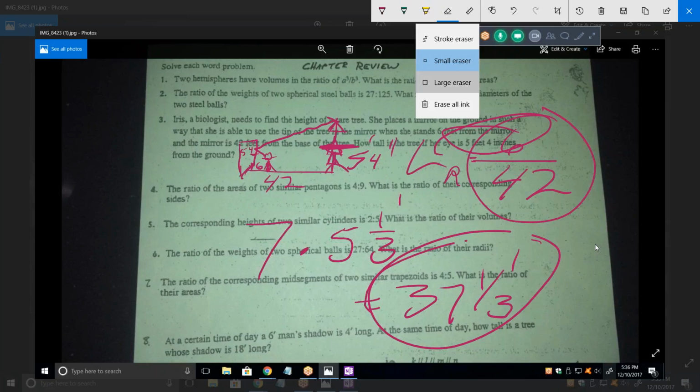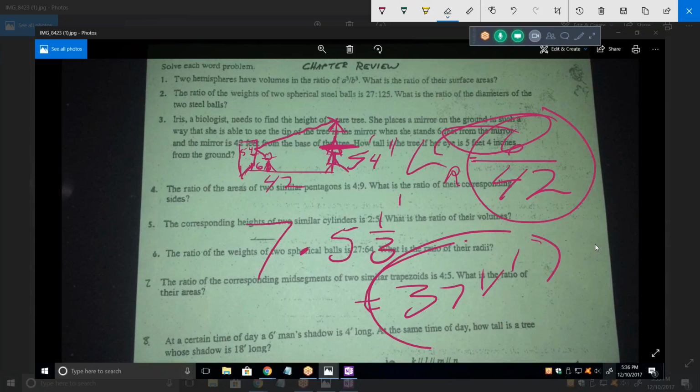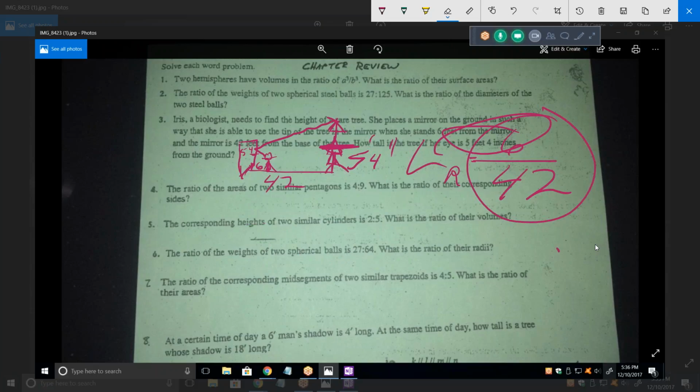Although I don't really like it as an answer, and I'll tell you why, and that's because there's an angle. For her to see the top of the tree, her eyeballs are not going like this. Excuse me. Sometimes I'm on erase and I don't know it. They're assuming she's looking dead on.